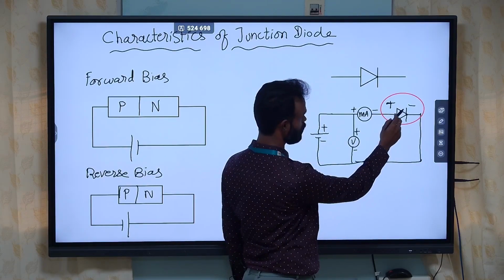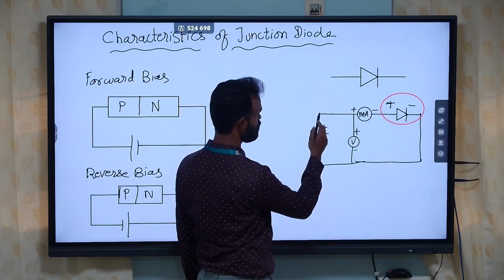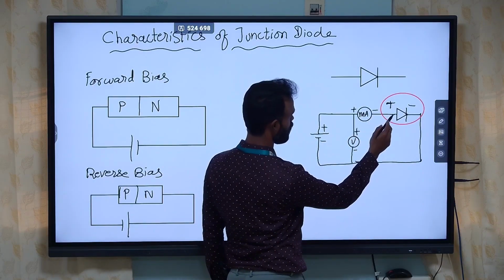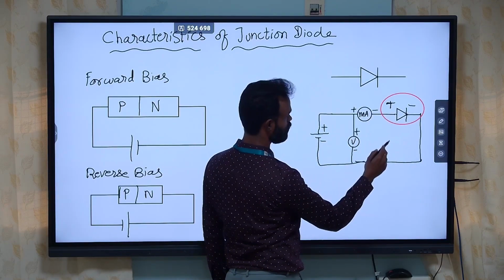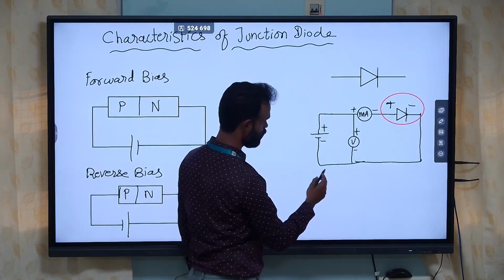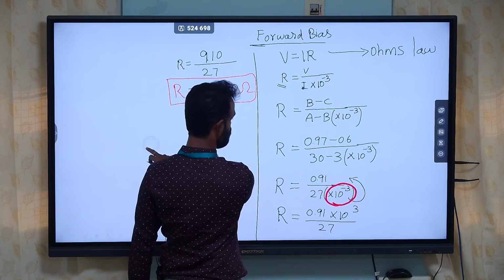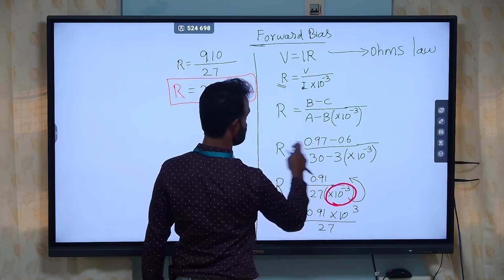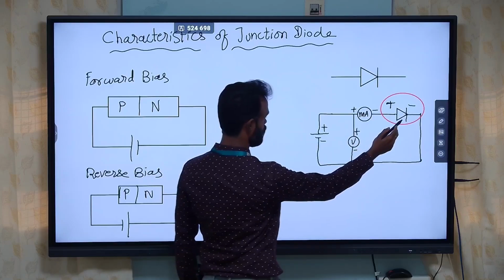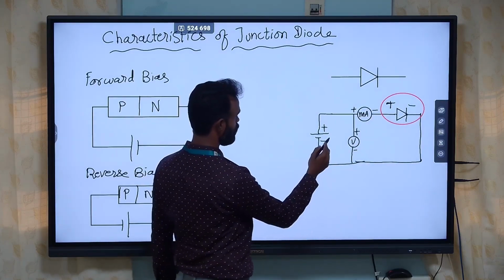This is the symbolic representation of PN junction diode. Here, this positive is connected directly to the positive terminal of the diode. Likewise, the negative comes to the negative terminal of the power supply.